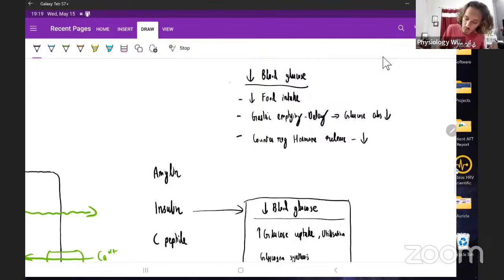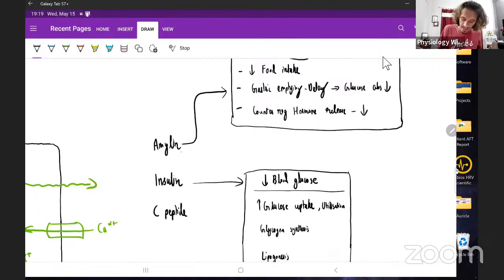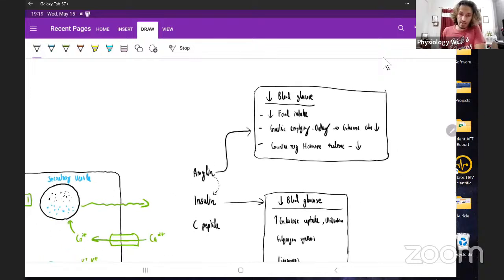So in these ways, amylin decreases your blood glucose. There are some studies that also say that amylin has an inhibitory role on insulin also. Again, this is something you don't really find in textbooks, why amylin is released and what its functionality is.